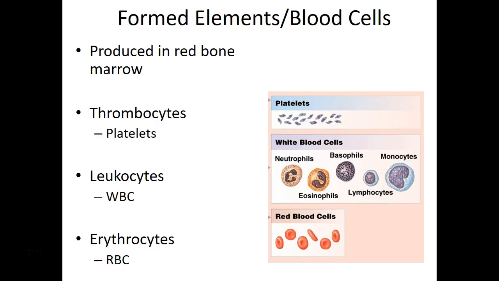All right, so where do these formed elements come from? Well, they come from the bone, and specifically, which bone marrow? Red bone marrow. Remember we have two types of bone marrow in adults. Red bone marrow, and anybody remember the other one? Yellow, yeah.